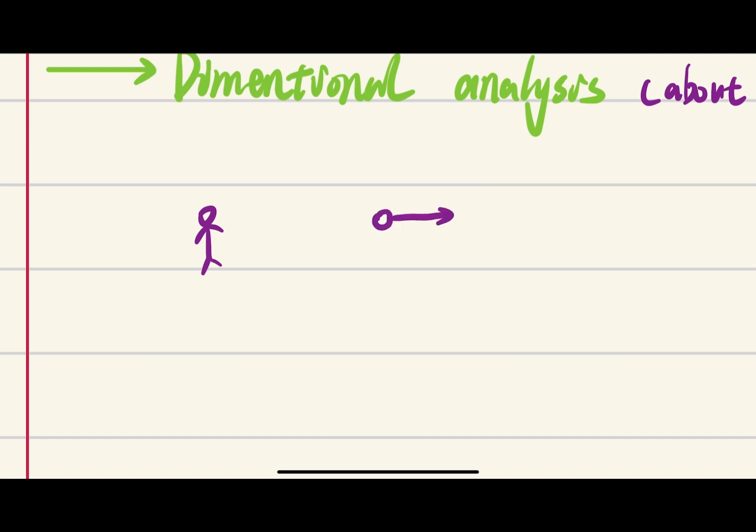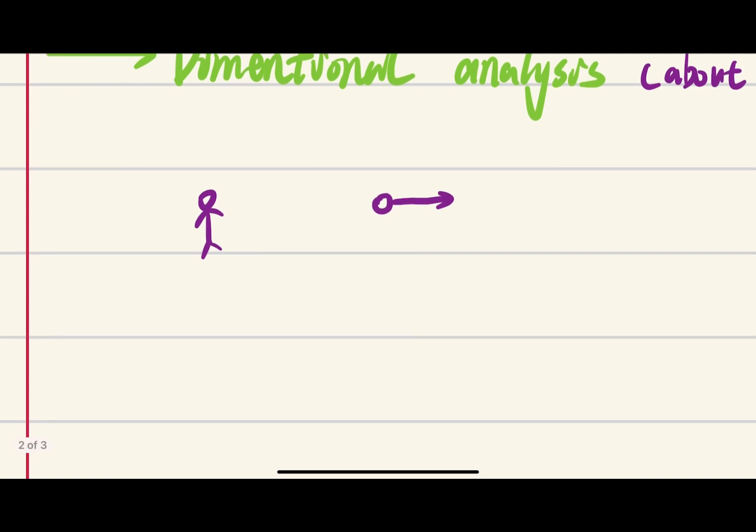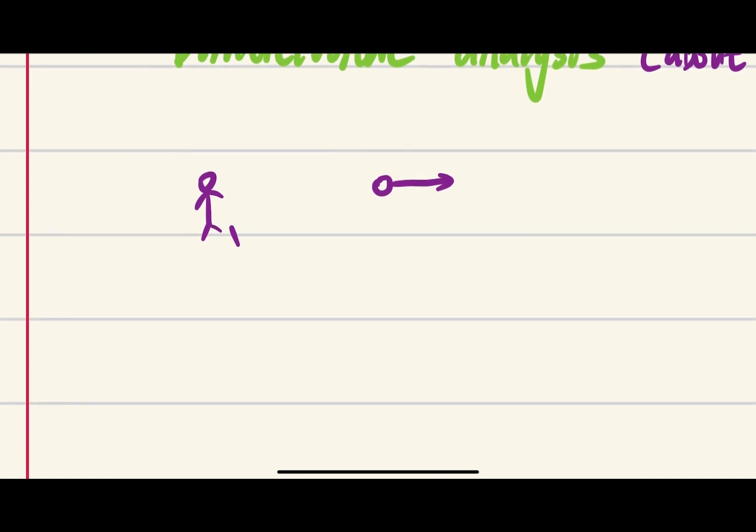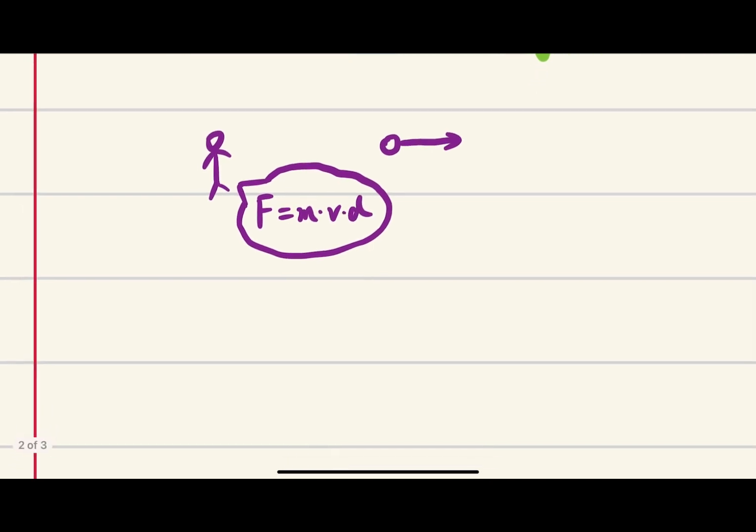He is smart and came up with his own equation about how this ball is moving, and he states that the force acting on this ball, F, equals mass times velocity times distance. Here is the question: is this equation worth taking as a reference or not?